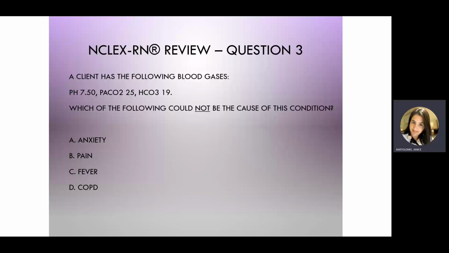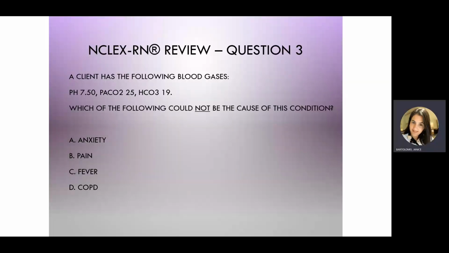It's asking you which of the following could not be the cause of this condition. So now this is an application question because we need to figure out what are the conditions of respiratory alkalosis. Okay, now let's review. Respiratory alkalosis is whenever we blow off too much CO2. CO2 is acidic, so we're blowing it off. We're breathing really fast. We're hyperventilating over here.